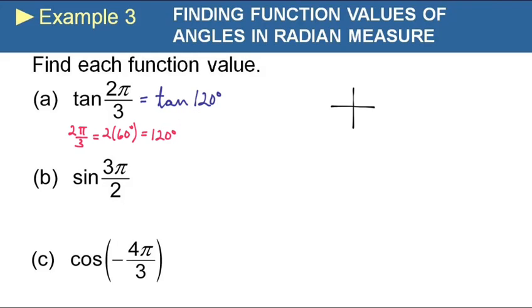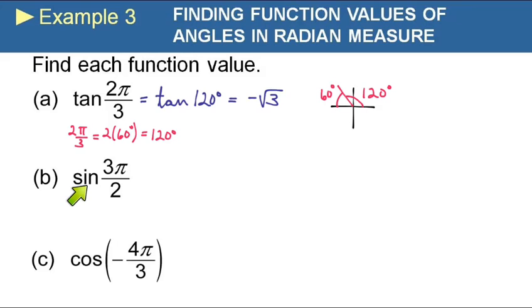Now here I've sketched out 120 degrees, and I can see that the reference angle is 60 degrees. So I know that the tangent of 120 is the same number as the tangent of 60, but it's going to be negative because we're looking at a tangent value for an angle in quadrant 2. So let's say the tangent of 120 is negative square root of 3.